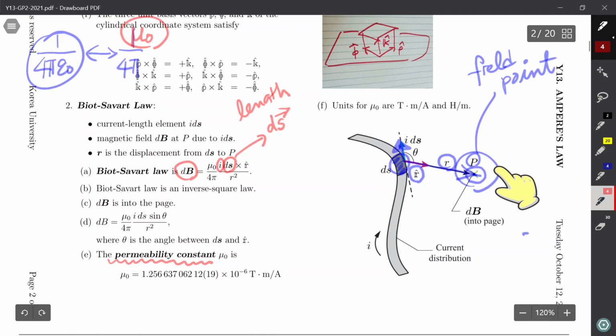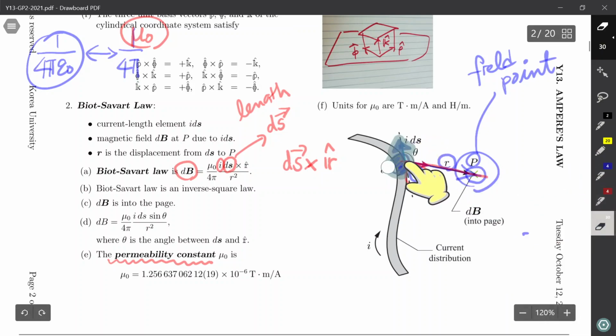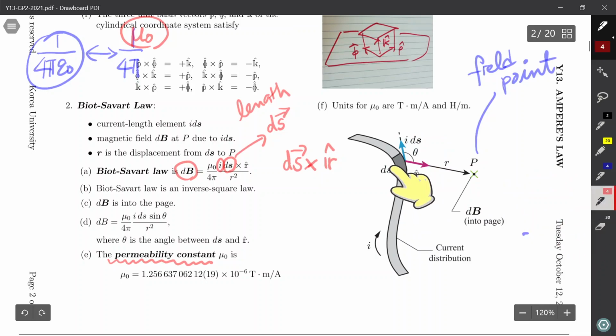And the direction is determined by the cross product. R hat is the unit vector parallel to the direction connecting the current element and the field point.